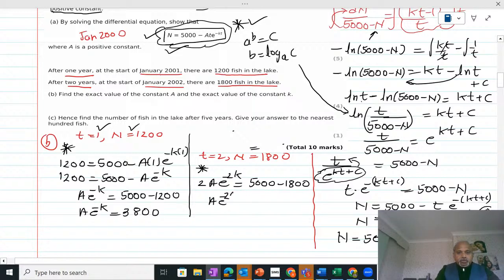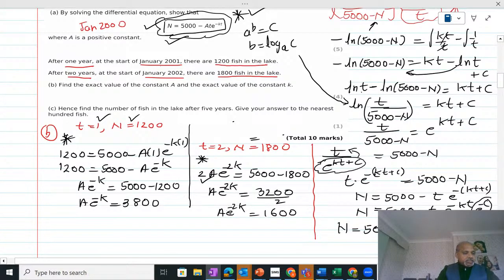So 2A e to the power minus 2k equals 3200, and dividing by 2, it should be 1600. So A e to the power minus 2k is 1600. Is that okay? So this is what we got. This is your equation 1 and this is your equation 2.